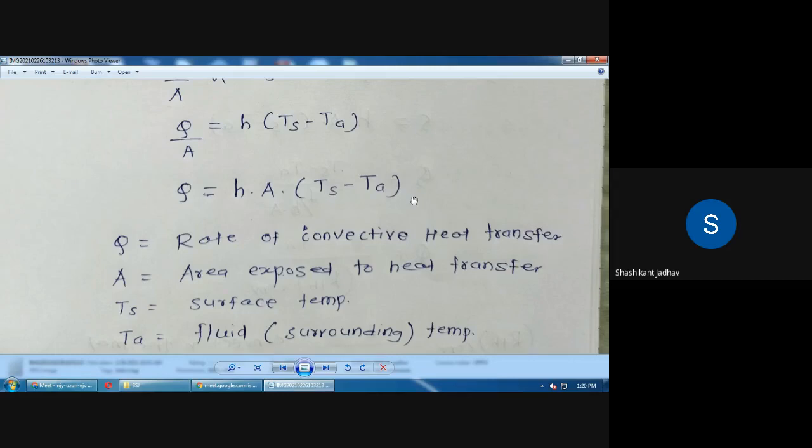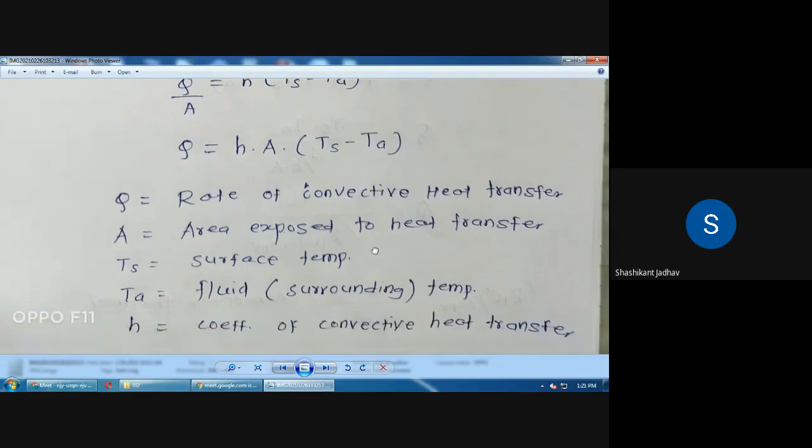We have to understand the concept of area: the area on which the molecules of air or fluid are in contact with that particular surface is the surface area, capital A. Then Ts is nothing but surface temperature or body temperature. Then Ta is the fluid temperature or surrounding temperature.